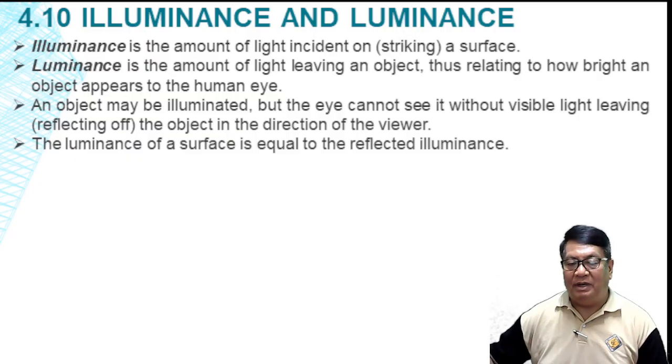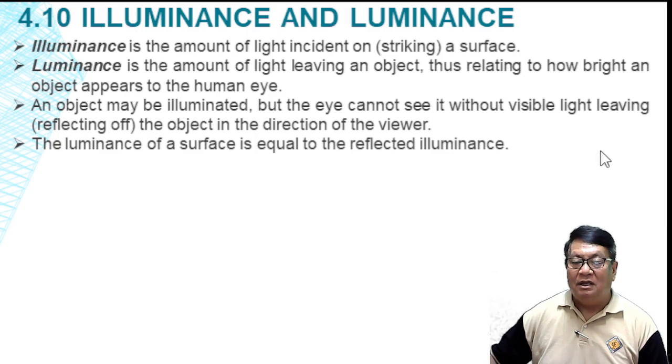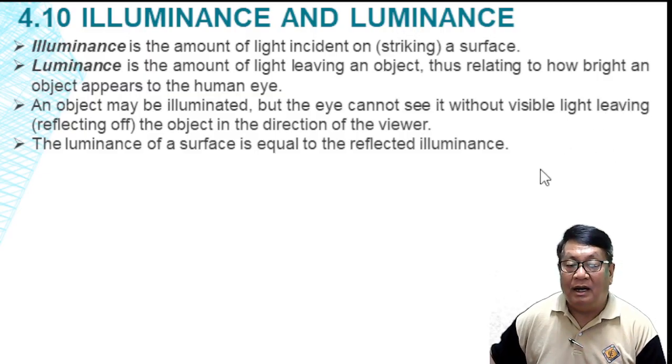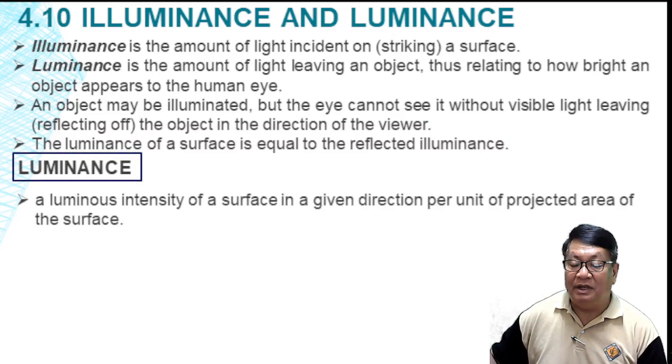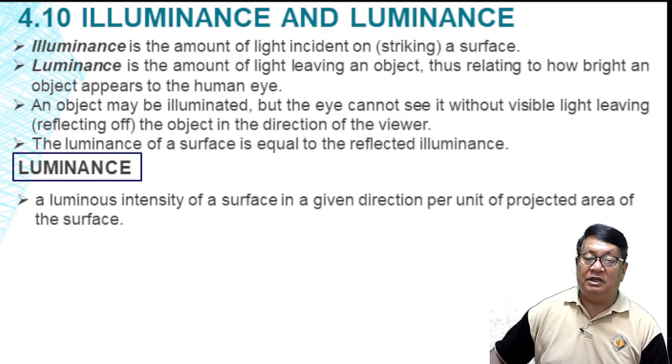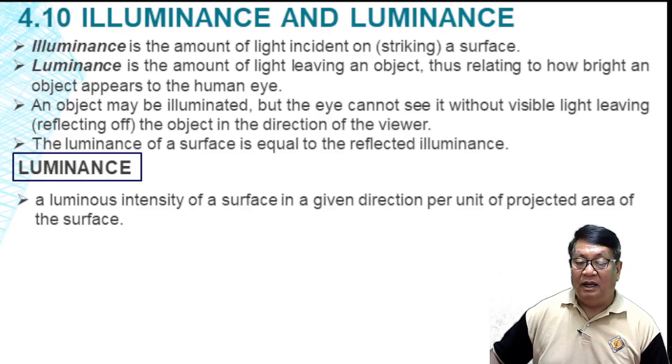illuminance and luminance. Okay, so illuminance is the amount of light incident on, or striking, a surface. Luminance is the amount of light leaving an object, thus relating to how bright an object appears to the human eye. So this is the difference between luminance and illuminance.